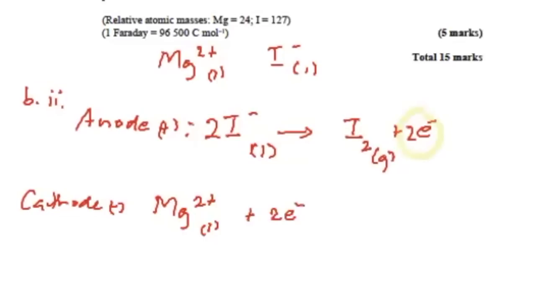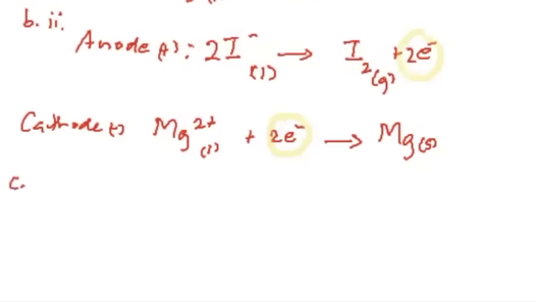So these are the same 2 electrons we're talking about. It's a transfer of electron process. So when this happens, we will end up with Mg solid. And the last part, part C, they're saying that a current of 5 amperes is passed for 10 minutes through the molten magnesium iodide. Calculate the mass that will be formed at the cathode.